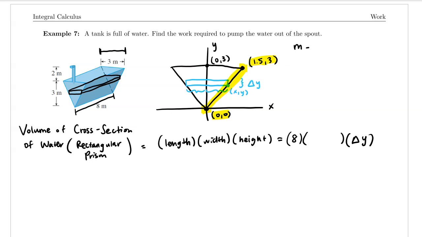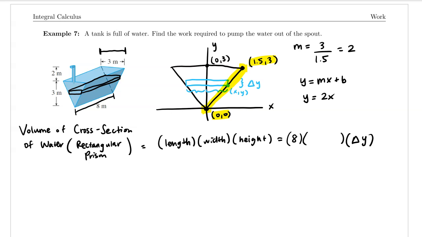Using the slope formula, I am going up 3 units and right 1.5 units. Thinking of this as rise over run, that simplifies to 2. Because my line segment goes through the origin, setting this up as y equals mx plus b, I get y equals 2x plus 0. So I'll just leave it as y equals 2x.